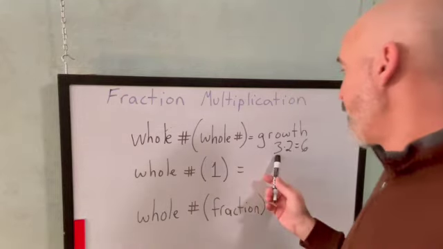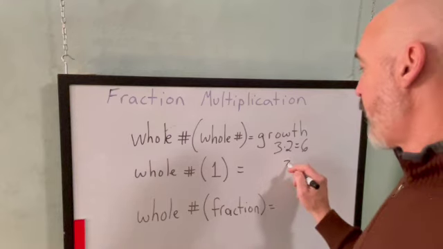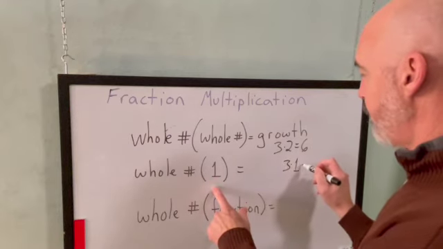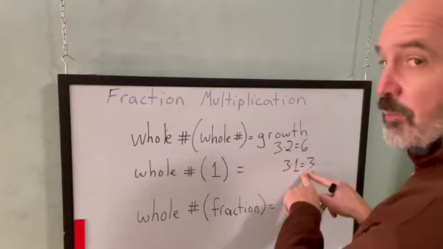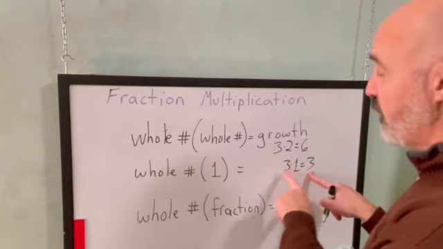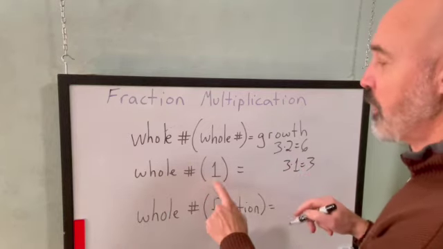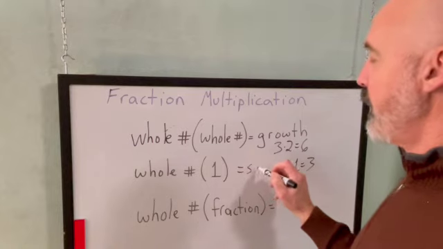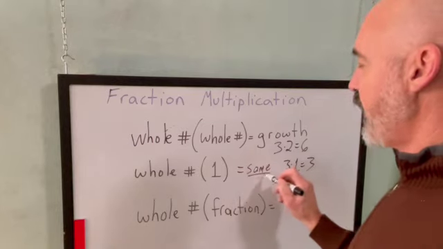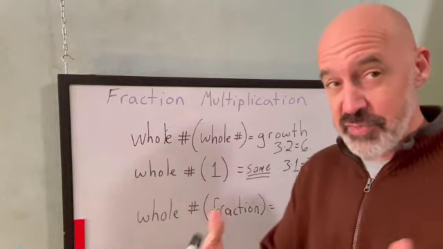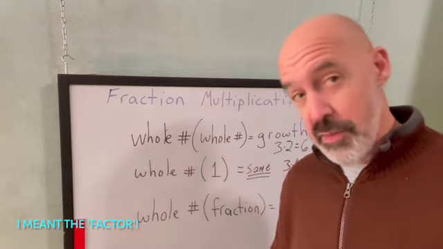When you do that same factor of 3 and you multiply it by just 1, there's no growth, because the product, the answer, is the same as the original whole number. So multiplying by 1 is giving you the same answer as the factor that is not the 1.